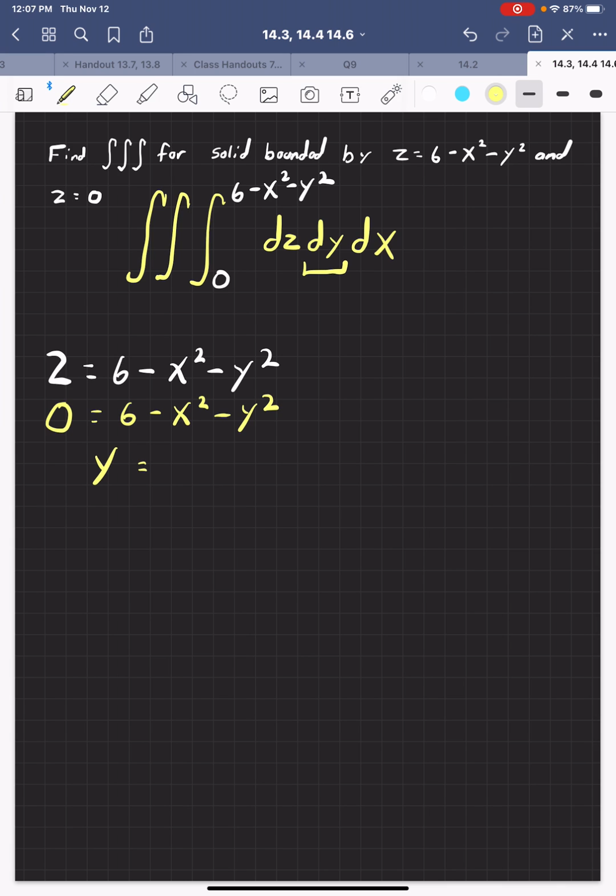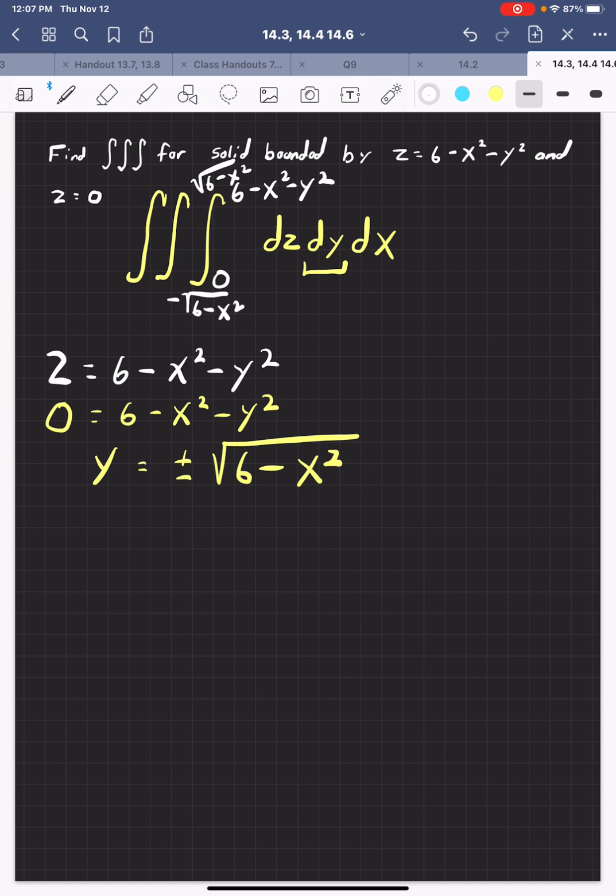So y is going to be equal to plus or minus the square root of 6 minus x squared. And so since we're not told any other restrictions on this solid, we are going to go ahead and write in negative square root of 6 minus x squared and positive square root of 6 minus x squared. So now we have our y bounds.